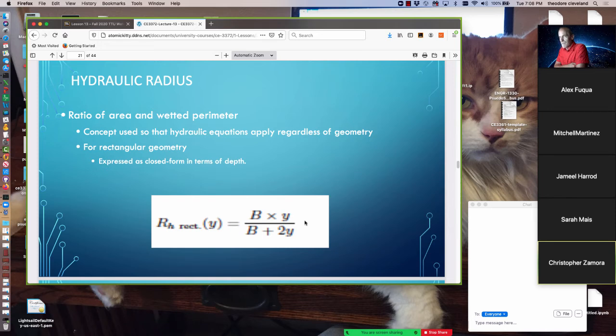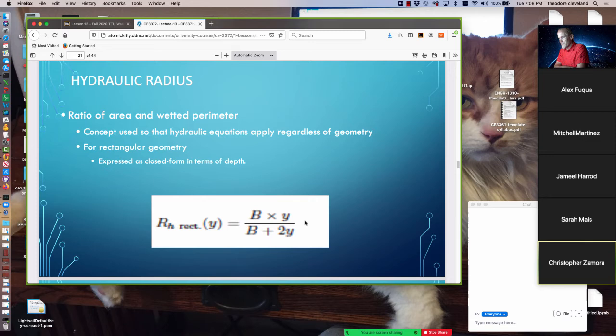And essentially it's a concept so that we can apply the hydraulic equations regardless of geometry. Or another way to think of it is it's a characteristic radius that allows us equivalent comparison between a trapezoidal channel, a rectangular channel, a semicircular channel, parabolic, and so forth.